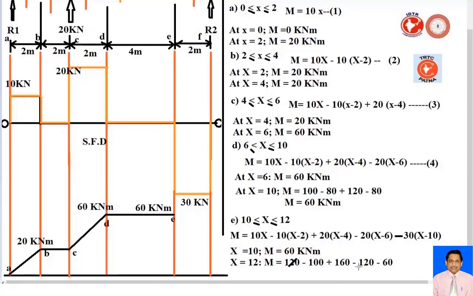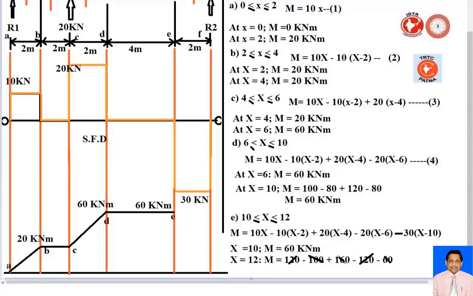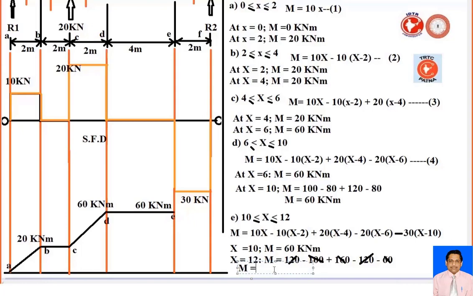From 120 to 120 they cancel out, and this is minus 100 and minus 60. So minus 160 and plus 160 cancel out, and the moment equals 0 kilonewton meter.